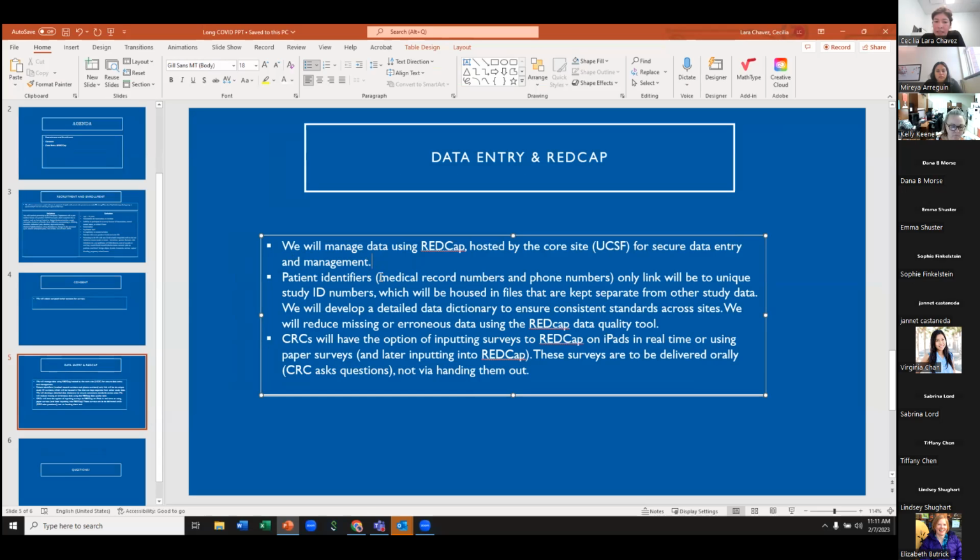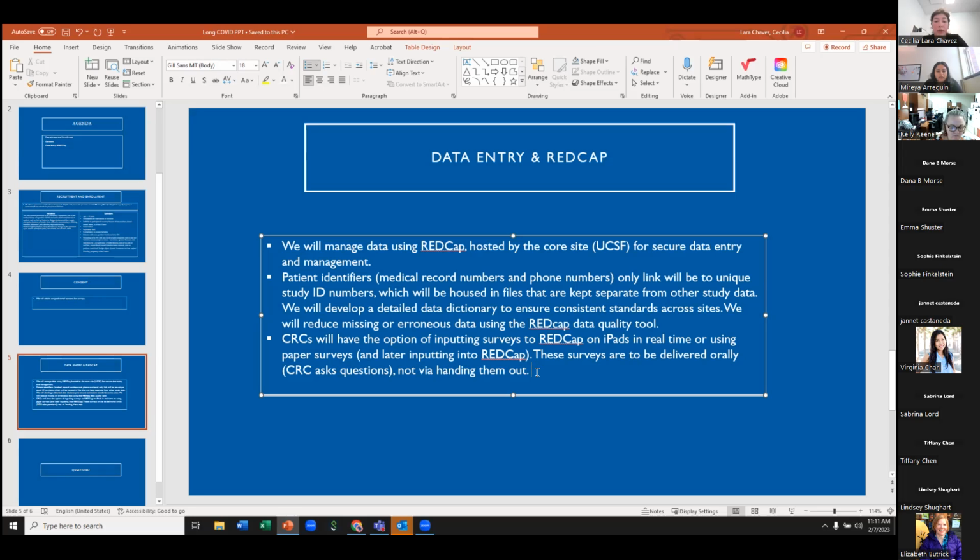And then patient identifiers like medical record numbers and phone numbers, we are not going to keep a record of that. The only reason you're going to need that is if you're going to write it down somewhere to go recruit a patient, but that's not going to be recorded in RedCap. And then the surveys and the screening log could be either by paper or put directly onto RedCap.